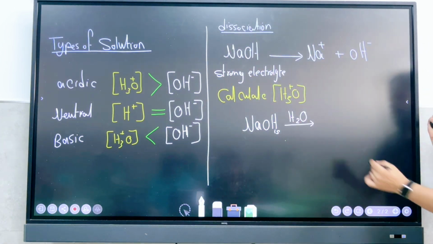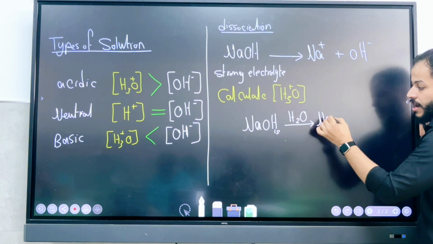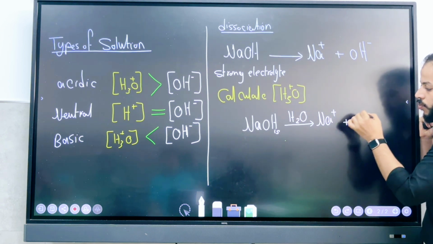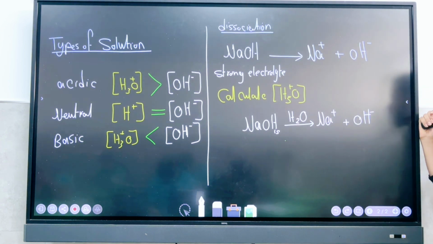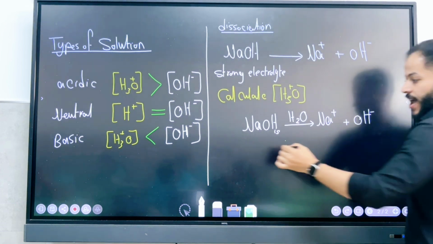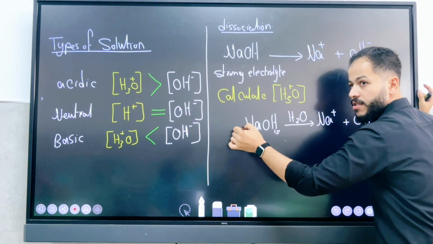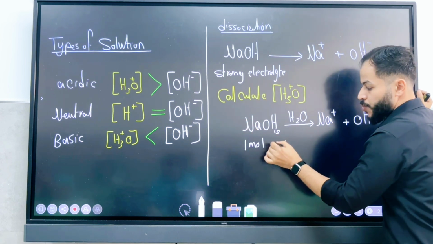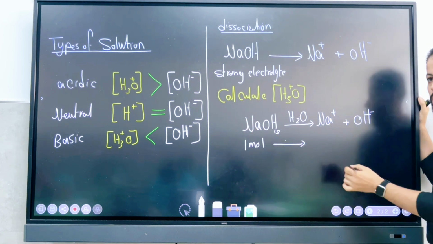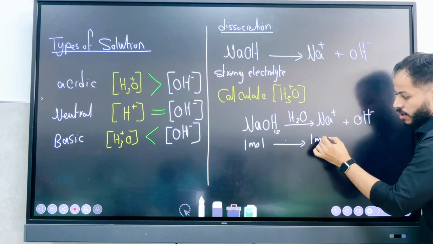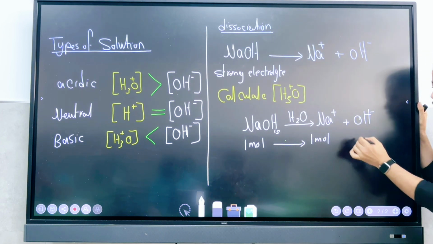When it's dissolved, it gives Na positive plus OH negative. If I have 1 mole of it, the coefficient here is 1, it's balanced. It produces how much sodium? 1 mole also. And how much hydroxide? 1 mole.